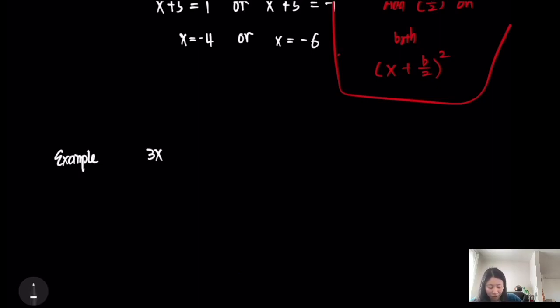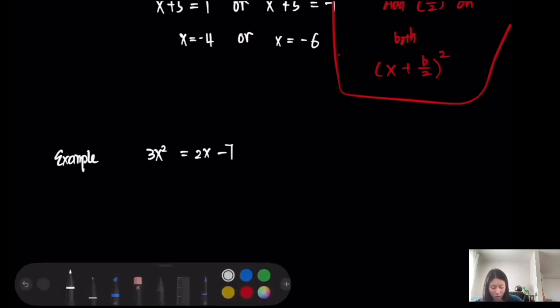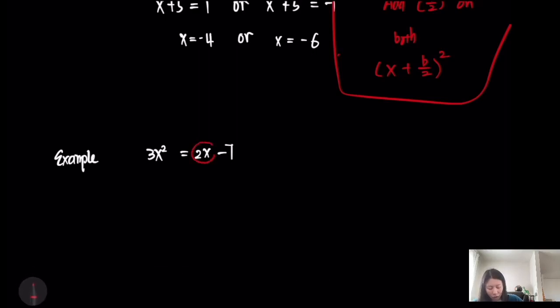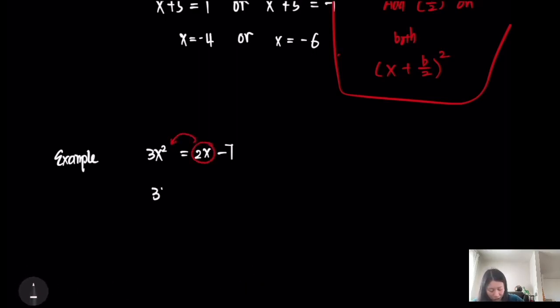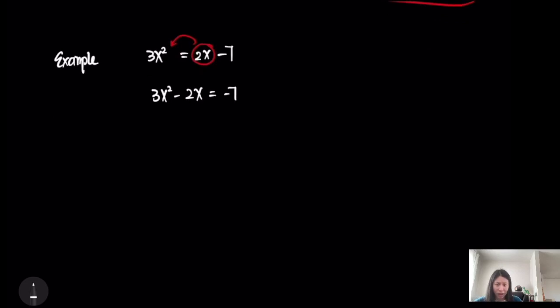So I have 3x squared equals 2x minus 7. First step is you want to separate the constant term from the variables. In order to do that, you want to move 2x to the left side of the equation. I have 3x squared minus 2x equals negative 7. So the next step is, I know that a is not equal to 1, right?